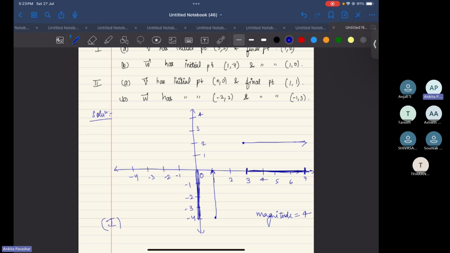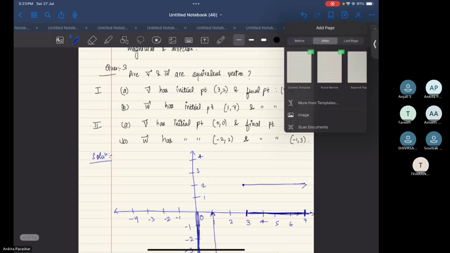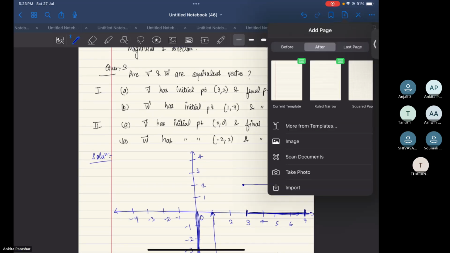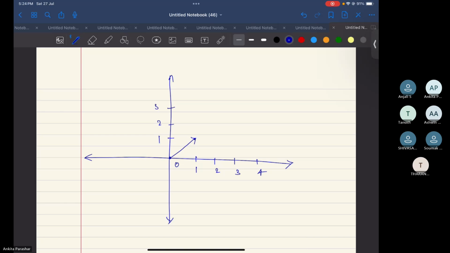So first part, not equivalent. Ma'am, they are equivalent? Yes, ma'am. Okay, so let me check. Let's draw. What is the first vector? Vector from (0, 0) to (1, 1). It starts from (0, 0) and ends at (1, 1). So this is the vector. Is this okay? Yes, ma'am.